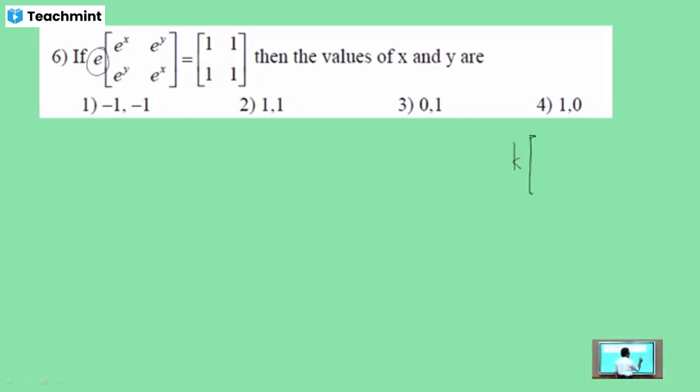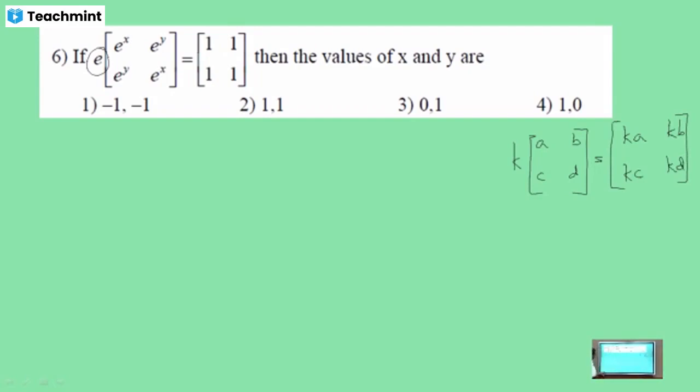Whenever we multiply a matrix a, b, c, d by a scalar quantity, we have to multiply each element of that matrix by the scalar quantity. Now here the scalar quantity is k, so the matrix becomes ka, kb, kc, kd. That means we have to multiply each element by the e that is outside.